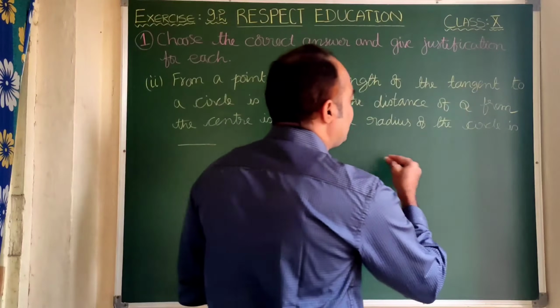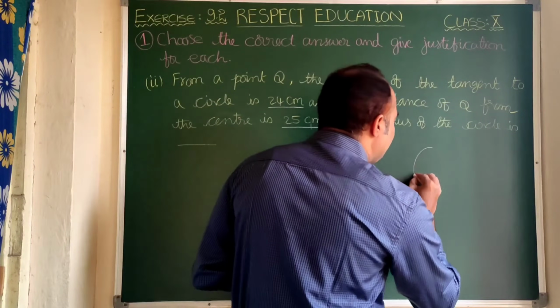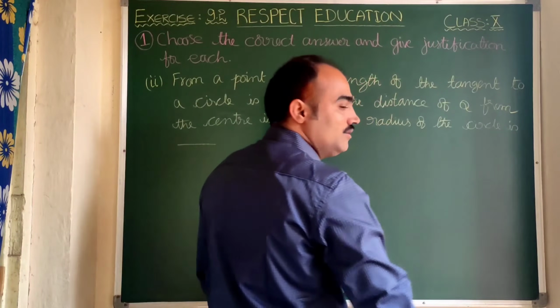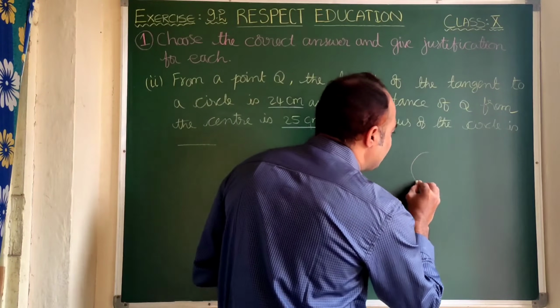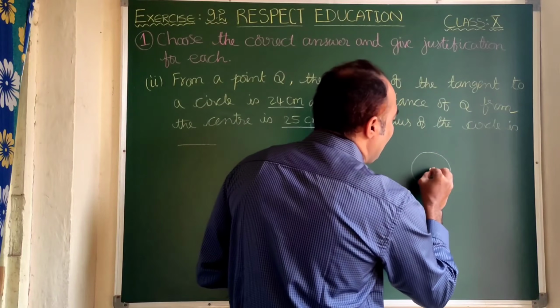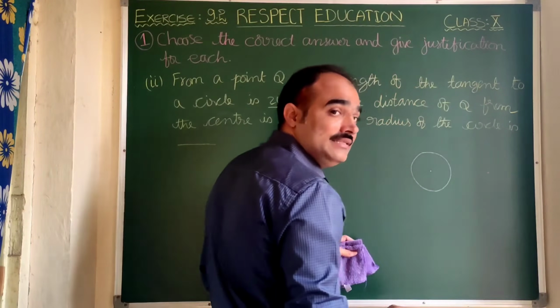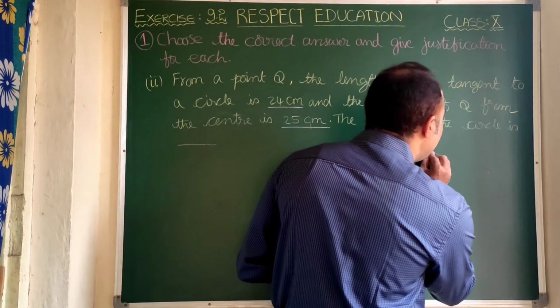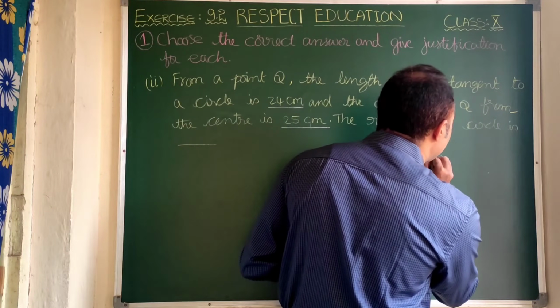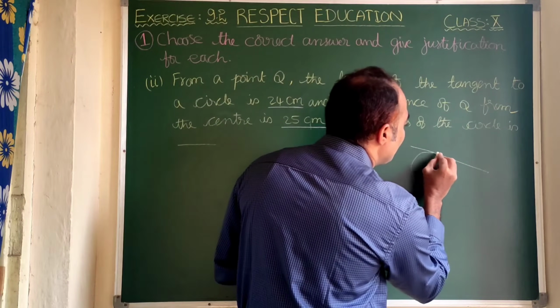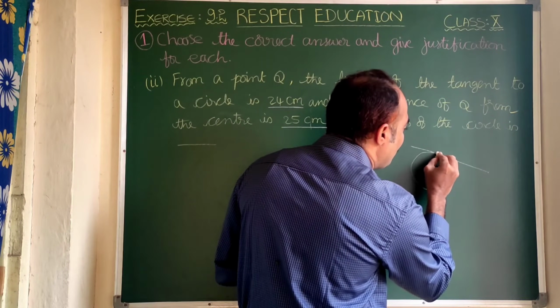So here, according to the given condition, there is a circle, and from a point Q a tangent is drawn. For example, we can draw a tangent like this. Okay, so this is the point of contact.